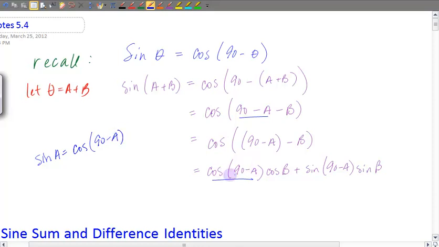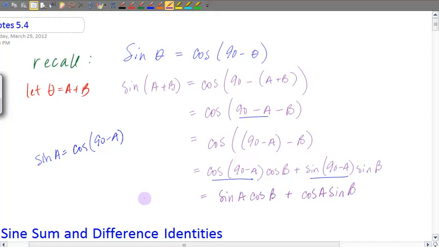So I could rewrite this portion as the sine of a times the cosine of b, and I can apply the same cofunction identity over here, rewriting this in terms of cosine, and that becomes the cosine of a times the sine of b.